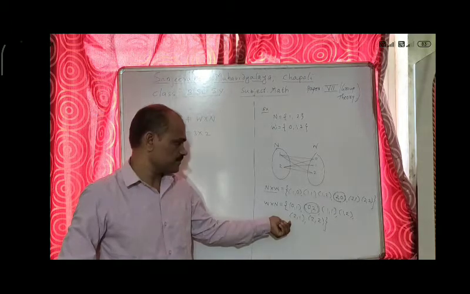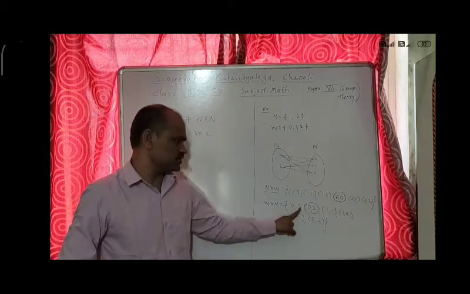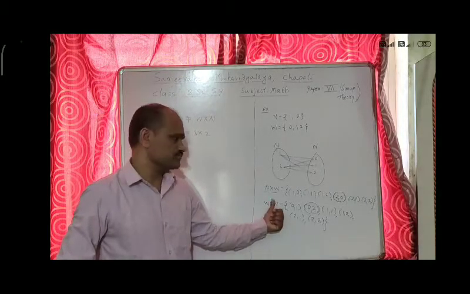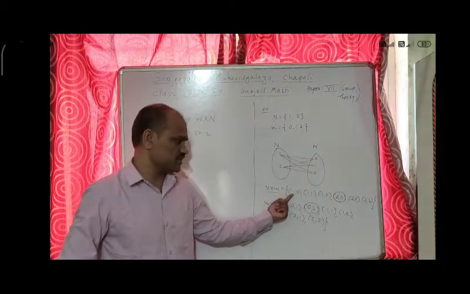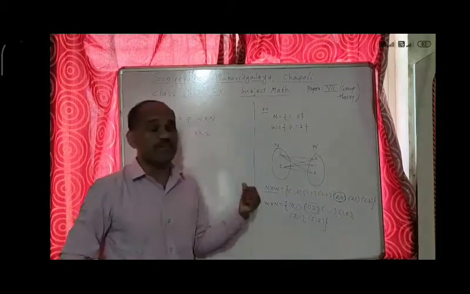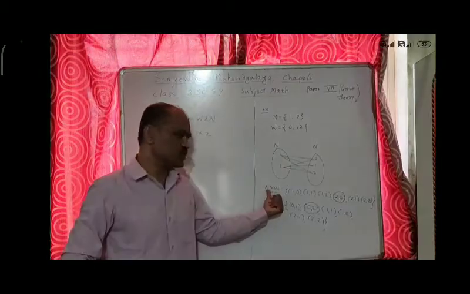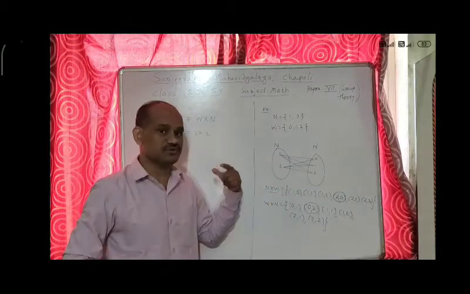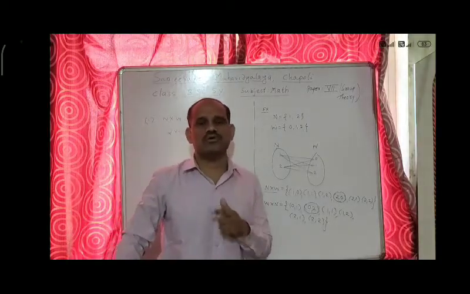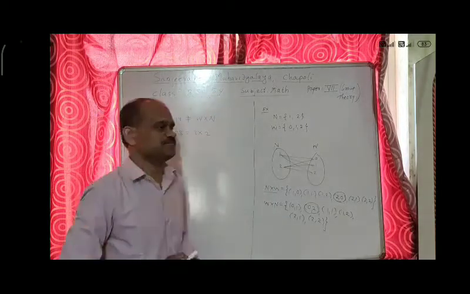Remember, in W cross N every first element belongs to W and every second element belongs to N. And here every first component, first coordinate of the ordered pair, belongs to N and the second belongs to W. So remember that N cross W and W cross N, the Cartesian products, are non-commutative.